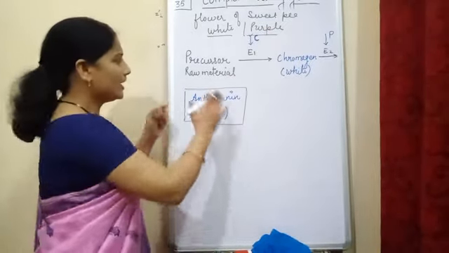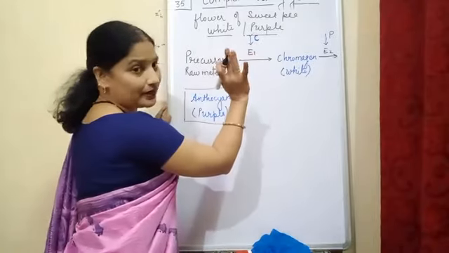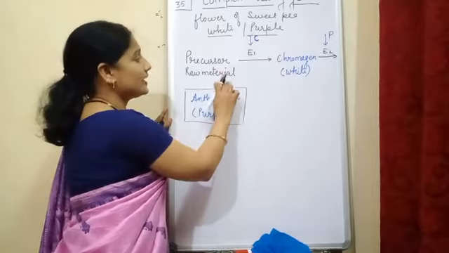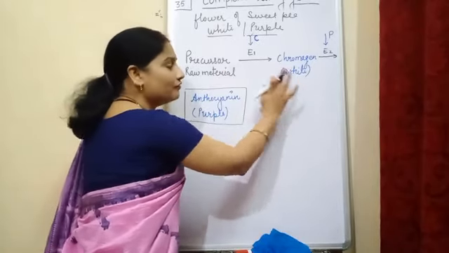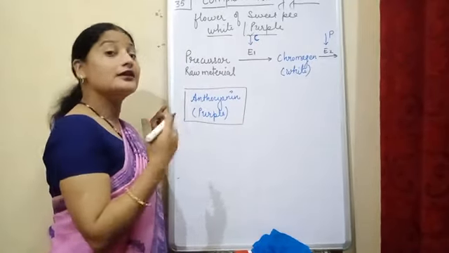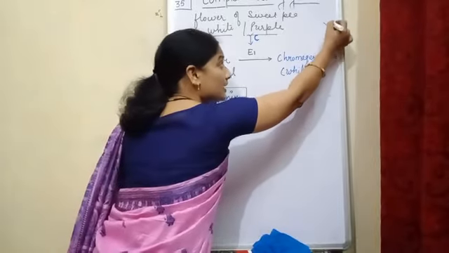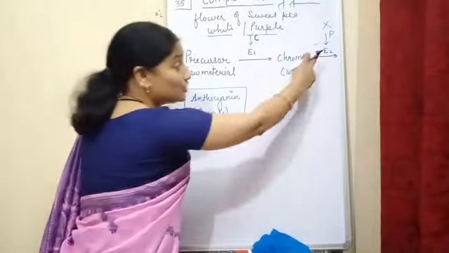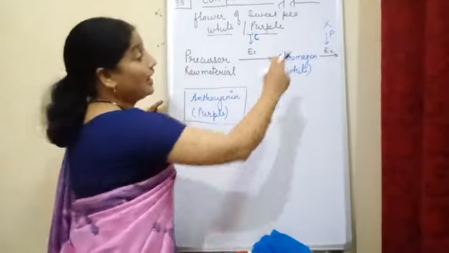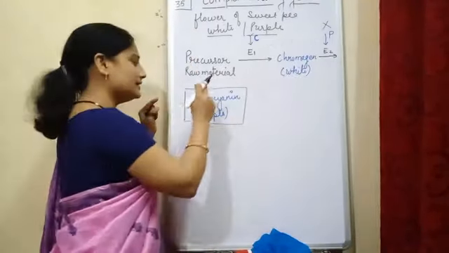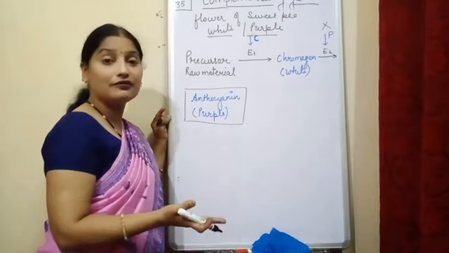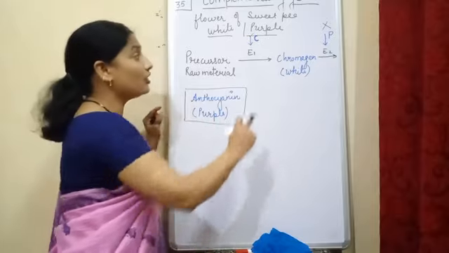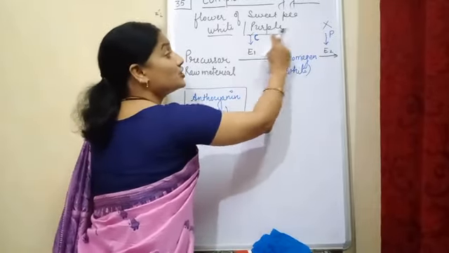Now suppose we get the C, then enzyme E1 will synthesize and this enzyme will help in the formation of white color flower. Now suppose this P is not there. If there is no P gene, then E2 will not synthesize. And if E2 will not synthesize, then once again the purple color will not form. That's why they are called complementary to each other.